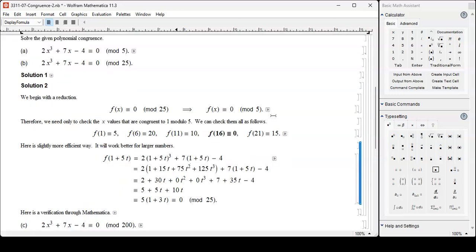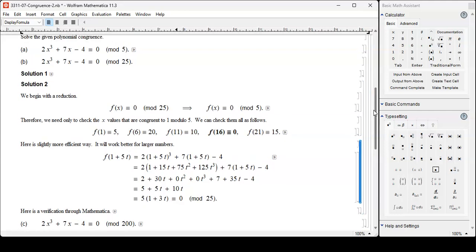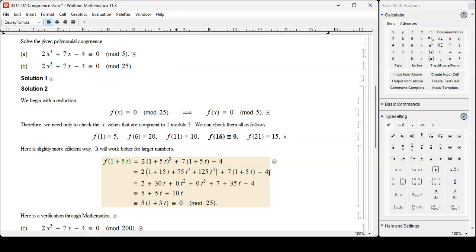So let's work out the whole numbers that are congruent to 1 modulo 5. I can express those as 1 plus 5t. And then that's going to be your x value, 1 plus 5t, because 2 plus 5t, 3 plus 5t, those kind of things are all out of consideration thanks to part A. And then we can plug in 1 plus 5t in f of x and expand using the binomial theorem.